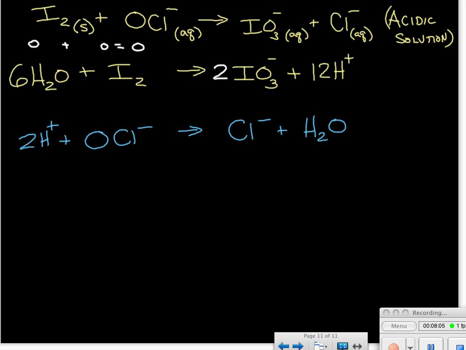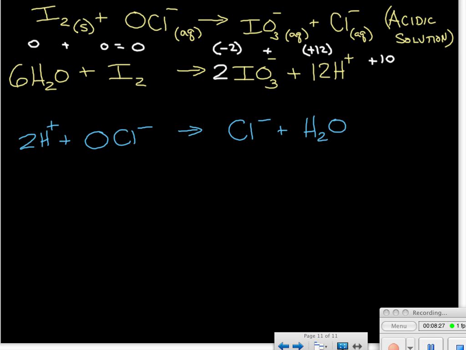This is really contributing a total of 2 negative charges to our equation on this right-hand side. And we've got 12 positive hydrogen ions, so they're contributing a total of plus 12. When we add this negative 2 to the plus 12, we find that we have a total of 10 positive charges on the right-hand side.